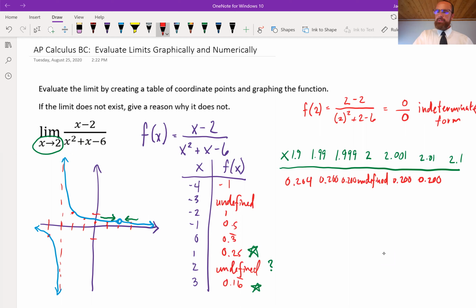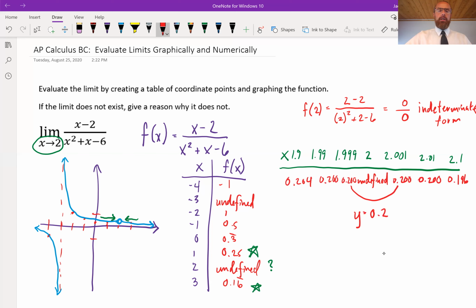So what this does is it really squeezes towards that value of 2. When I look at what I've got on those two sides of 2, and they're very close to the x value of 2, I see that the y value is getting very, very close to 0.2. It's a little greater than 0.2 on the left, a little less on the right.